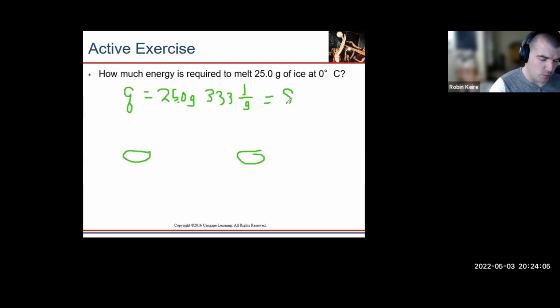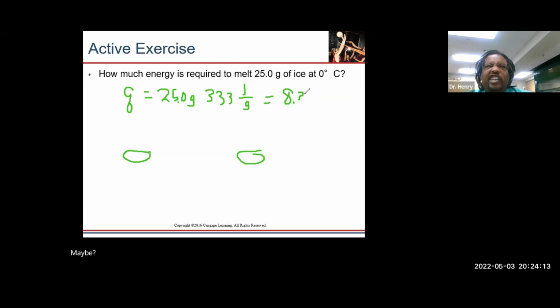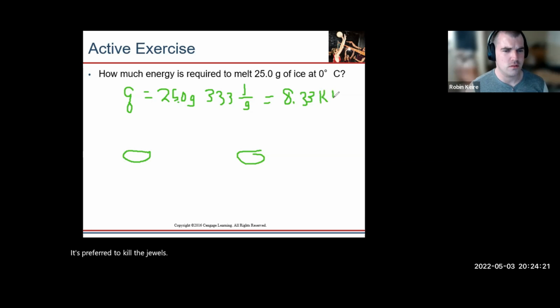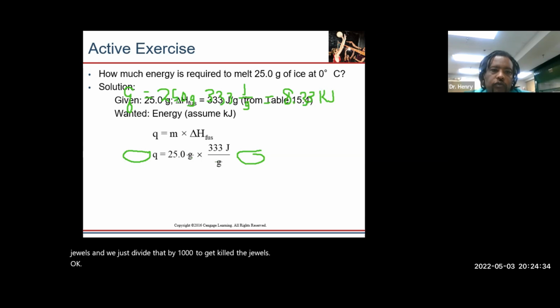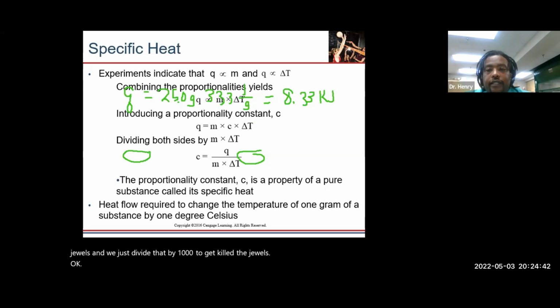Would it be 8.33 kilojoules? Is it preferred in kilojoules or joules? It's preferred in kilojoules. Okay. And we know that it would be 8,330 joules. We just divide that by 1,000 to get kilojoules. Piece of cake.